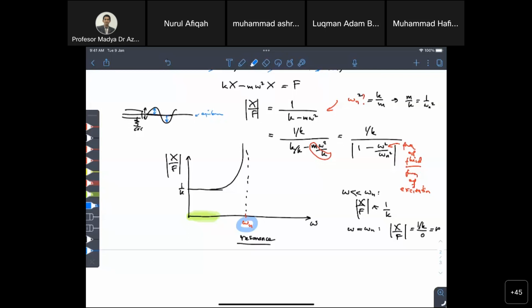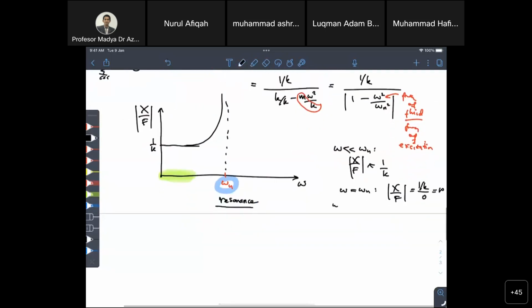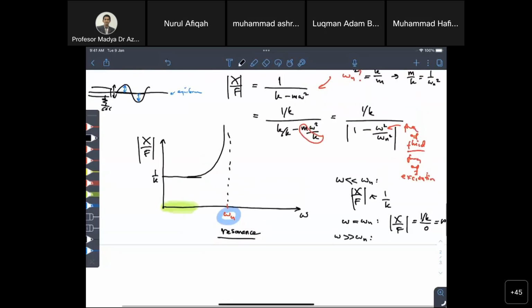Okay, and then what happens at high frequency? What happens at high frequency? When omega is larger than omega n, let's say omega is 1 million and omega n is 1, so much larger.